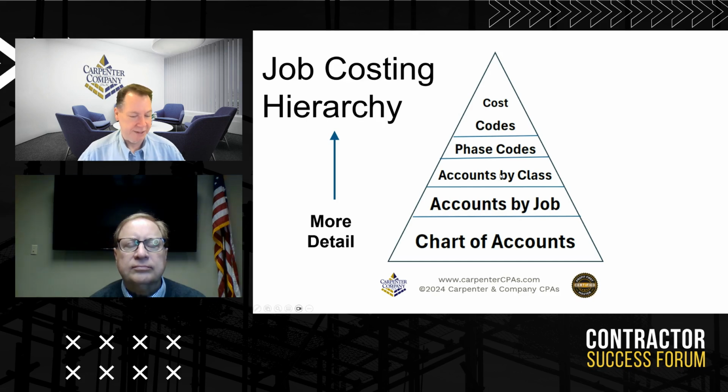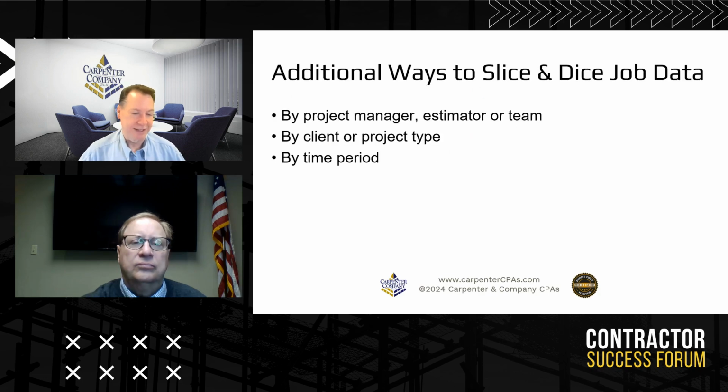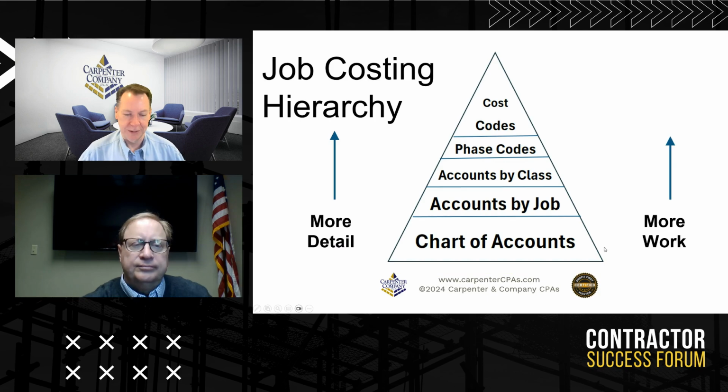Another way to slice and dice that is by class, or you could call that division. From the chart of accounts level, that's pretty much as far as you can go with that. I've got a couple of other ways you could slice and dice that: by project manager or construction team or by project type or a particular client. But as we go up this hierarchy, it is more work to get that more detail.